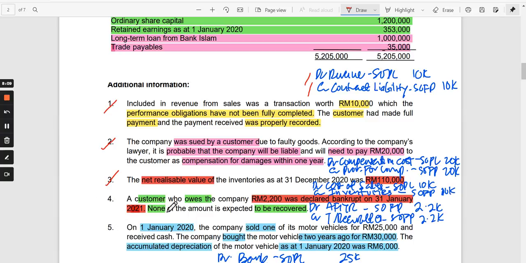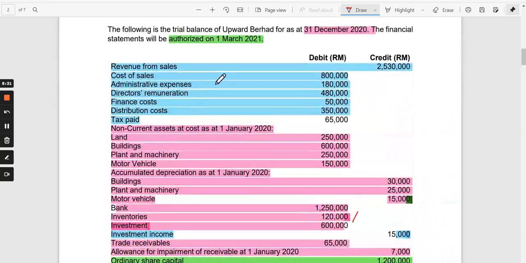The next one is about MFRS 9, which is a customer that owes the company 2,200. That customer was declared bankrupt on 31st of January 2021. So pay attention to the date. The date the customer was declared bankrupt was before the authorization date.